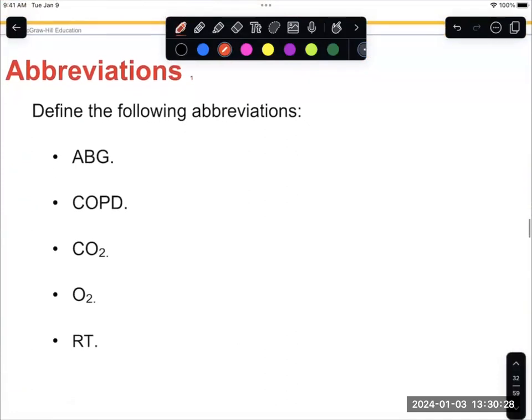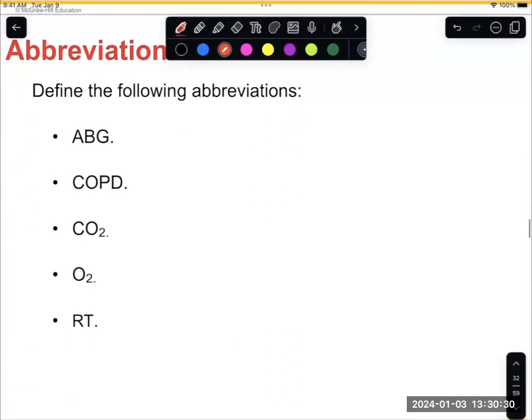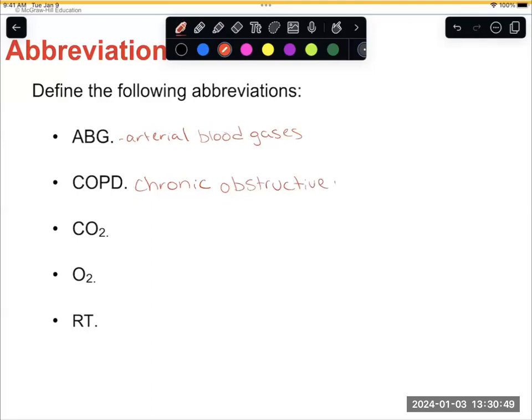Some abbreviations here for us. ABG, arterial blood gases. COPD, chronic obstructive pulmonary disease.